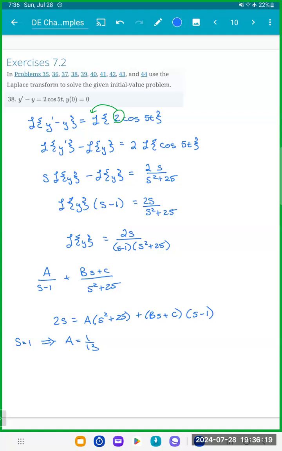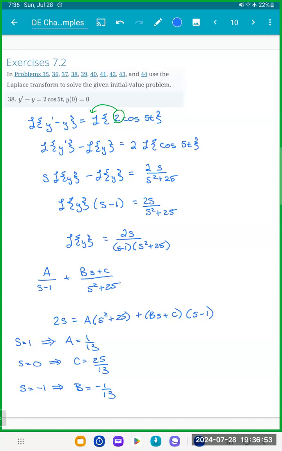And when s is equal to 0, then we're going to end up with our c value equal to 25 over 13. And if we let s equal to -1, then we will get that our b value is equal to -1 over 13.